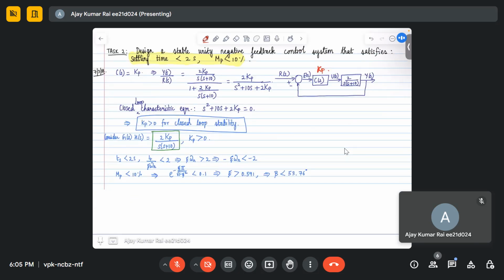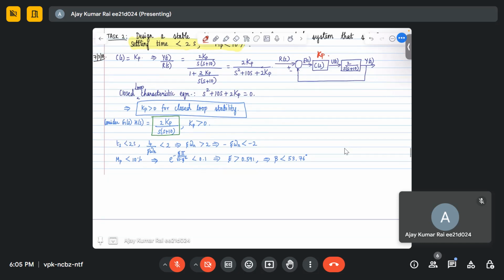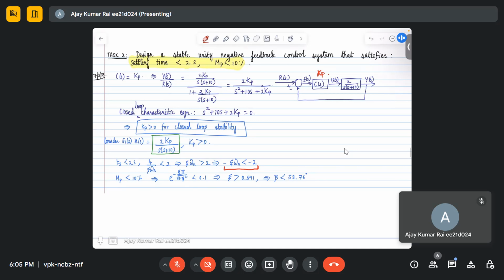For that, let us look at the coefficients for a second order system, for two poles s1, 2 equal to minus zeta omega n plus minus j omega d.